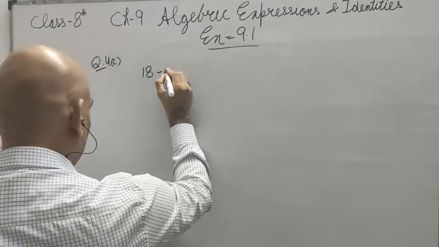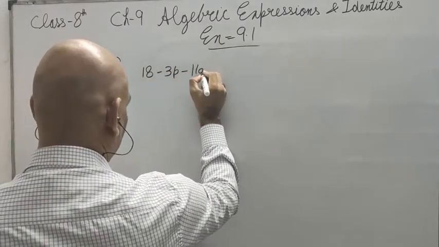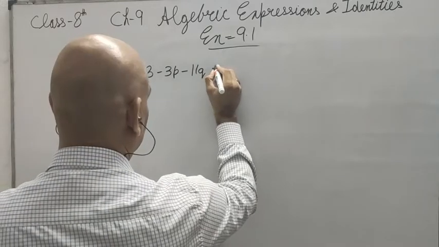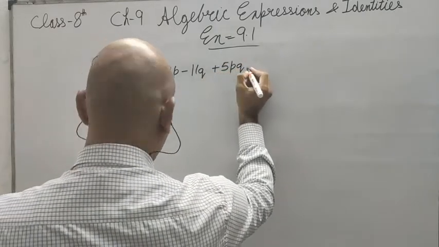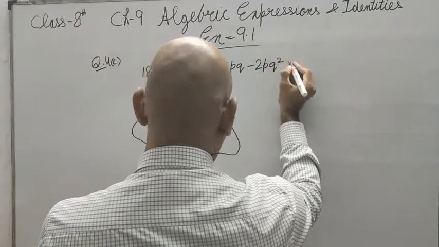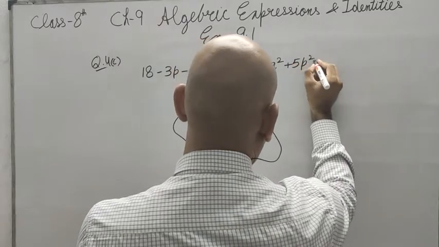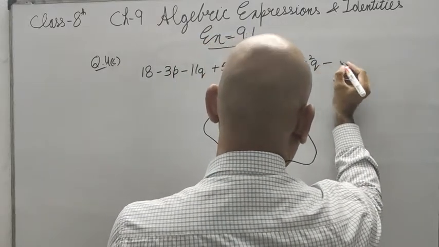18 minus 3p minus 11q plus 5pq minus 2pq square plus 5p square q, minus.